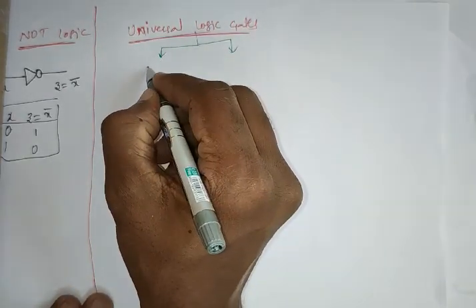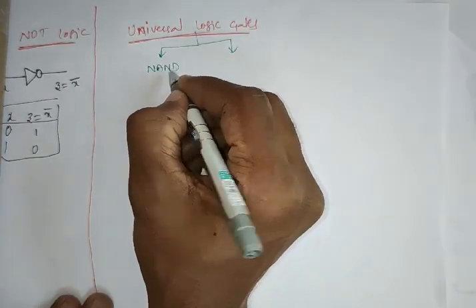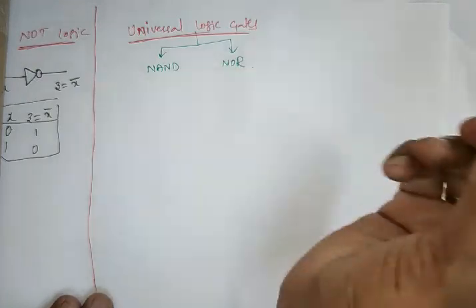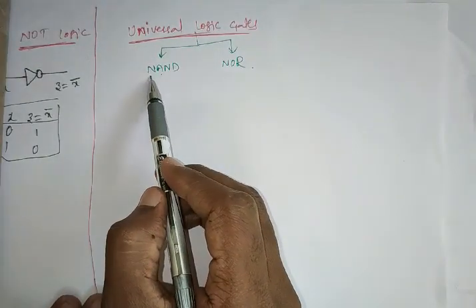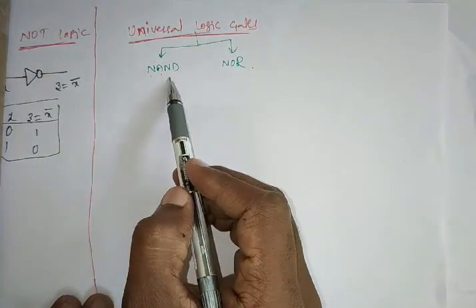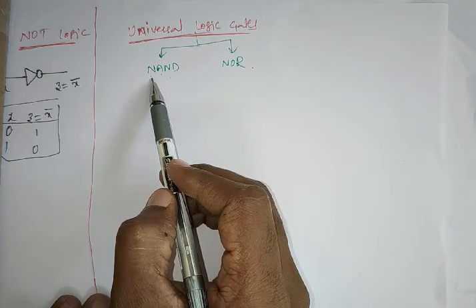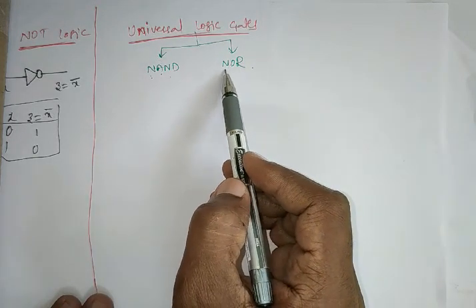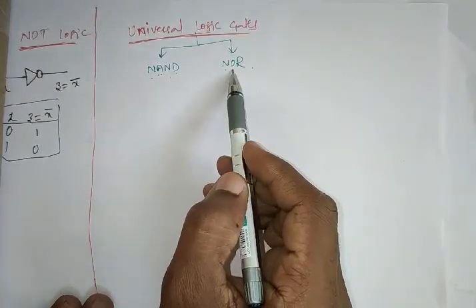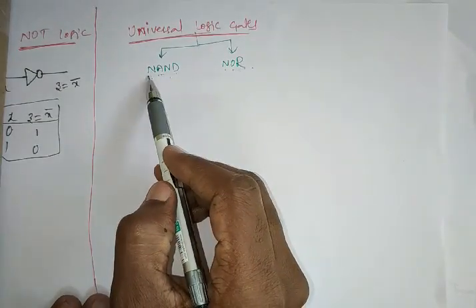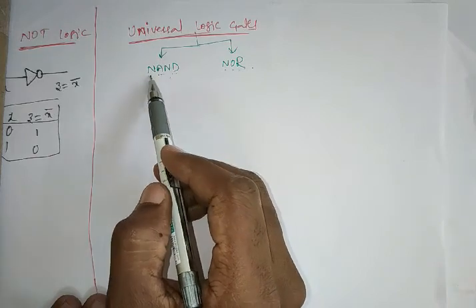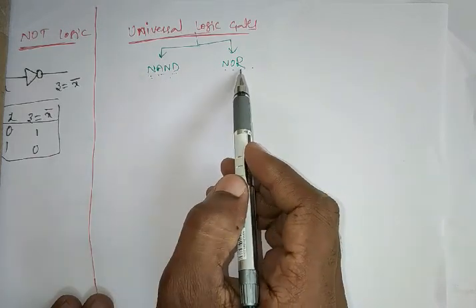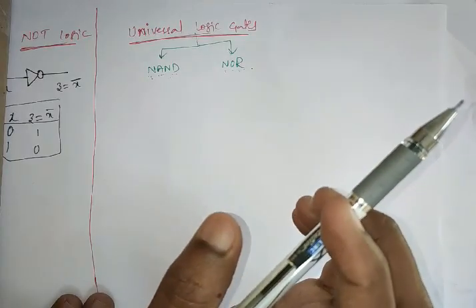One is the NAND logic, another one is the NOR logic. AND with complement, that is a NAND. OR with the NOT gate, that is a NOR logic. You know the AND logic, you know the OR logic, you know the NOT logic. That is combination of AND plus NOT, that is a NAND. Combination of OR plus NOT, that is a NOR circuit.